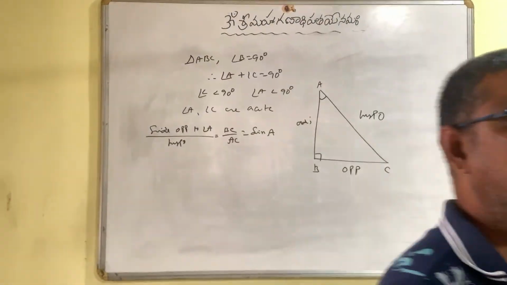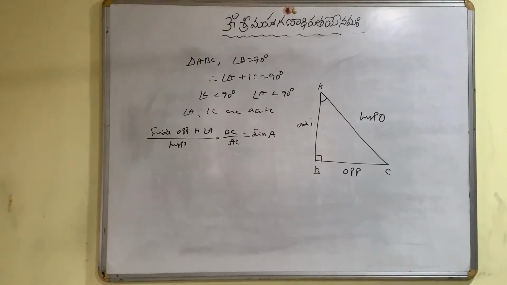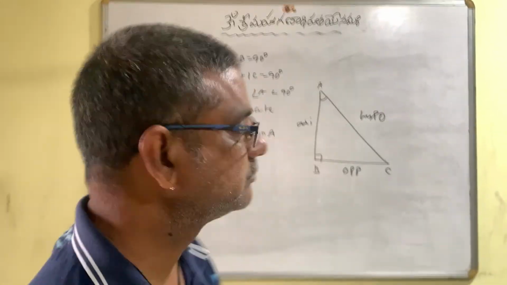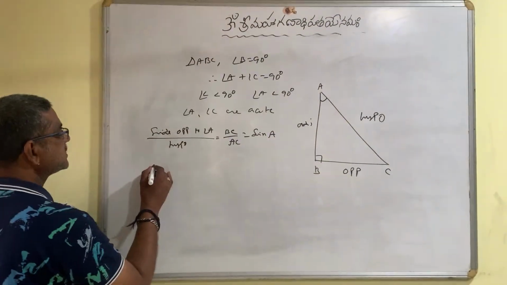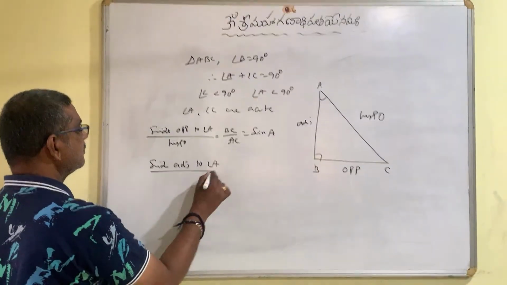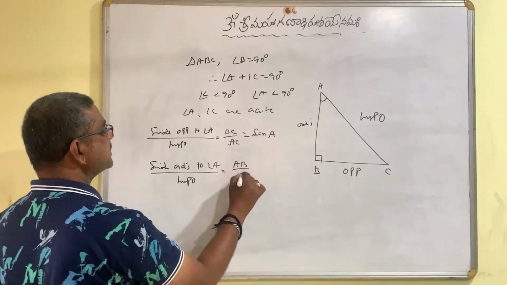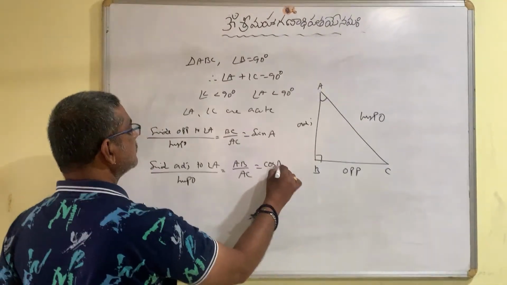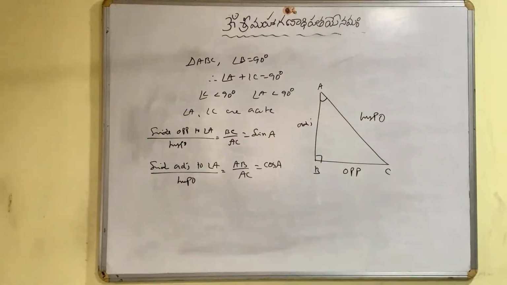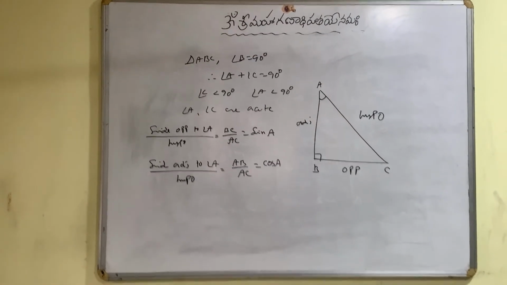The first trigonometric ratio is sine A. So how can we define sine A? Side opposite to angle A by hypotenuse. Okay. Now, the second one, side adjacent to angle A by hypotenuse, which is AB by AC, which is named as cos A. Okay.